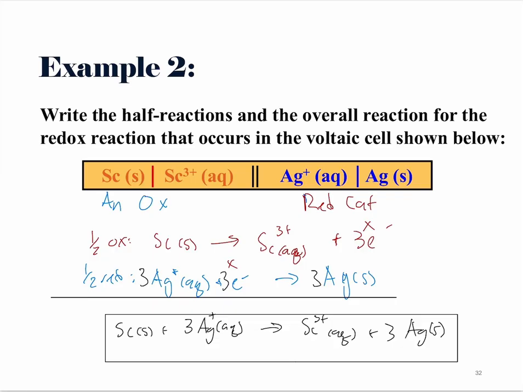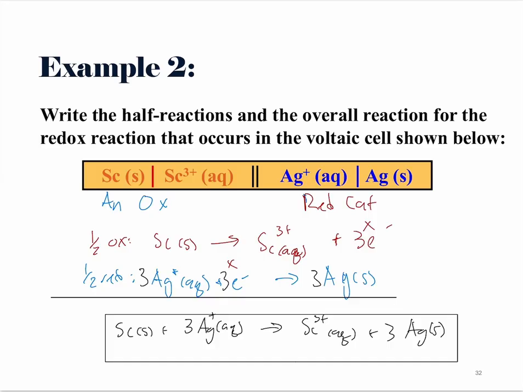And we see the movement of 3 electrons total for each half reaction. For the reduction, that means that you need 3 of those reactions to happen for one of the scandium oxidation reactions.